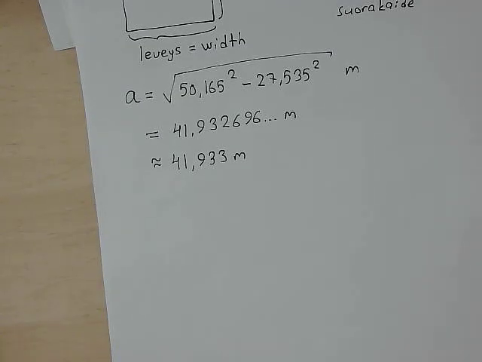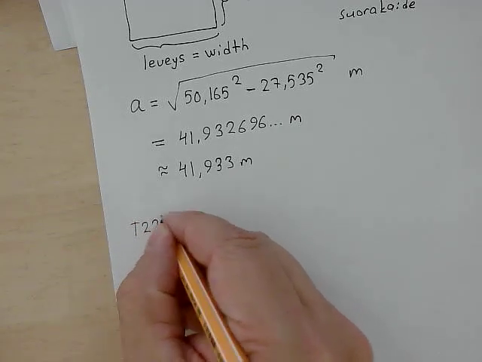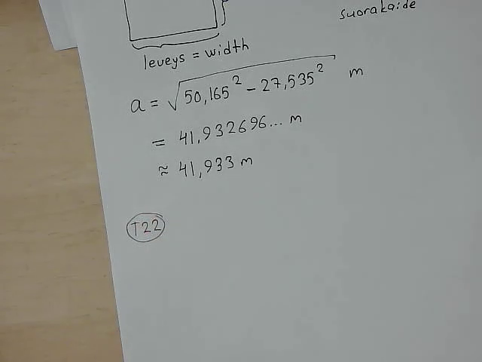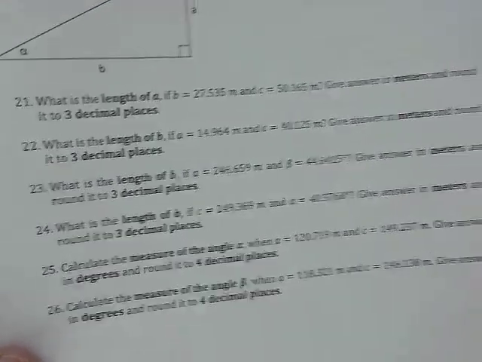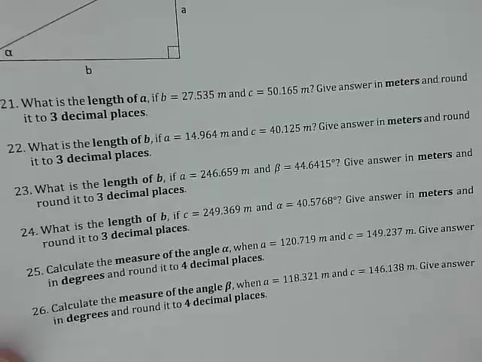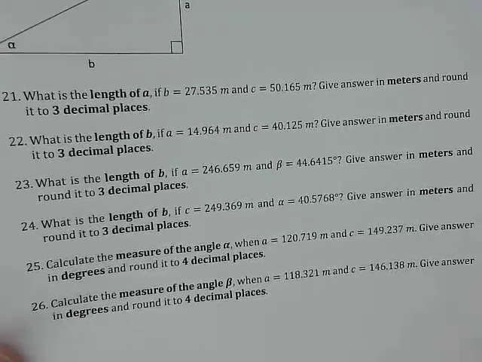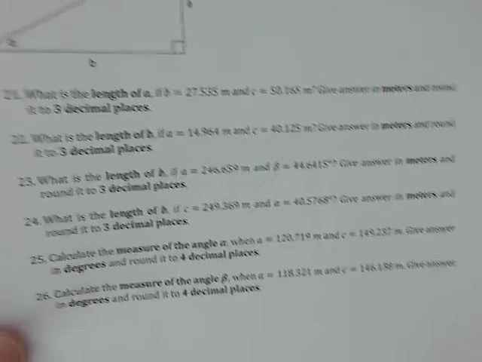Then the 22 is almost exact problem. There you also have to use the Pythagorean theorem. In this case we know A and C, and you have to find out the length of B, so it is actually the same problem.